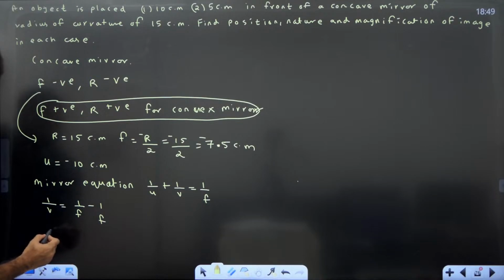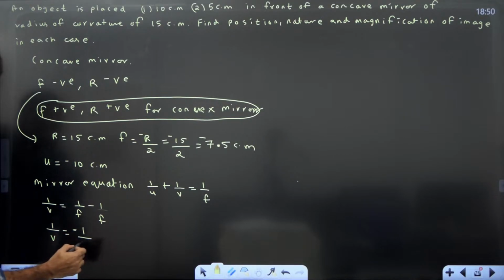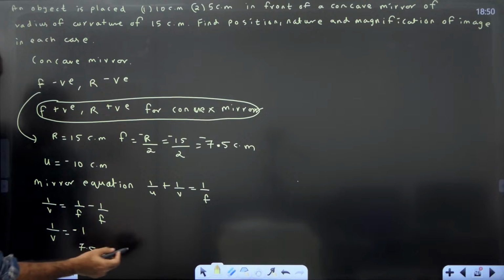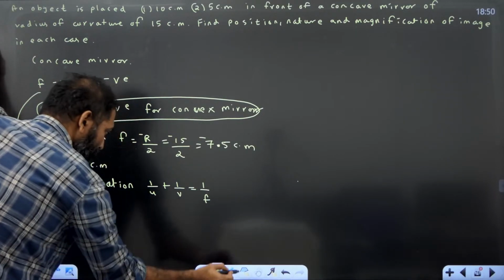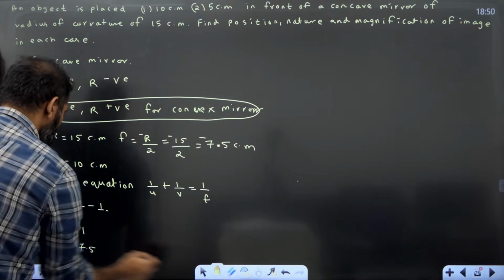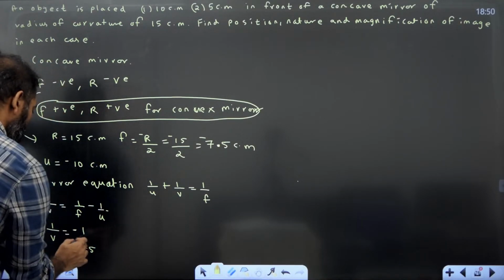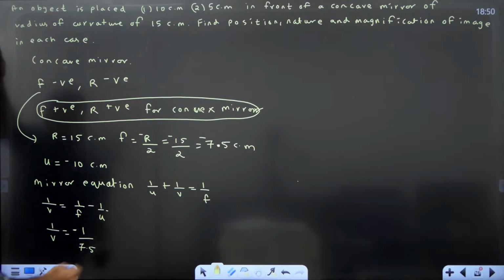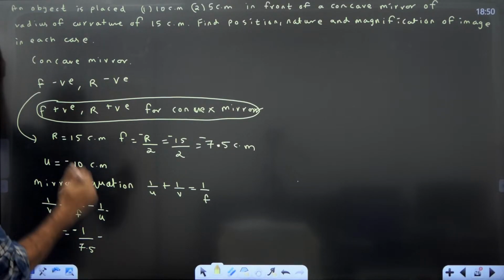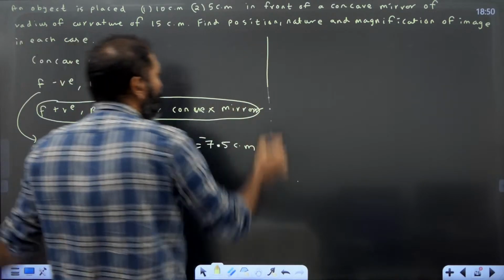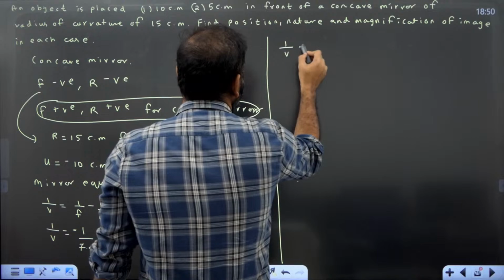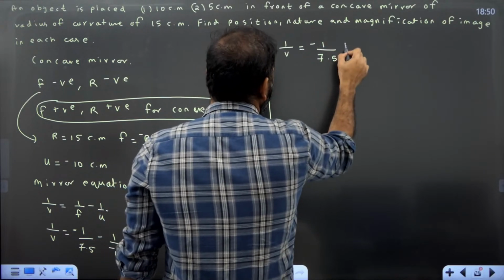So 1 by v is equal to, what is 1 by f? 1 by minus 7.5, minus what is 1 by u? Minus 1 by minus 10. So 1 by v is equal to minus 1 by 7.5 plus 1 by 10.